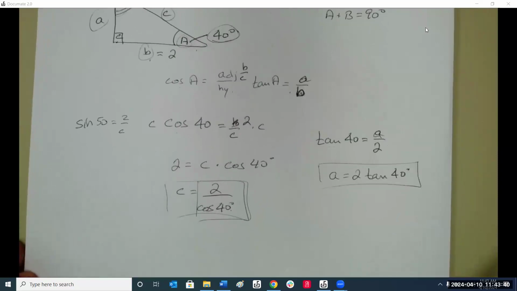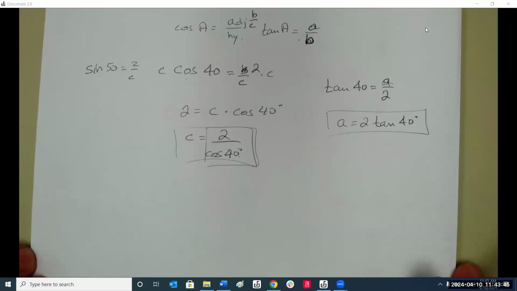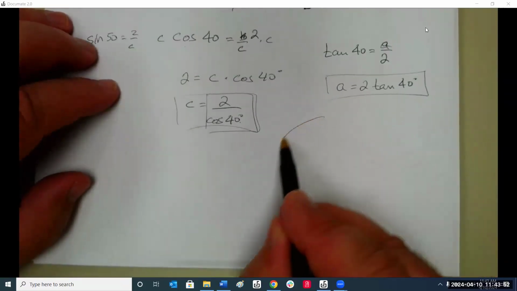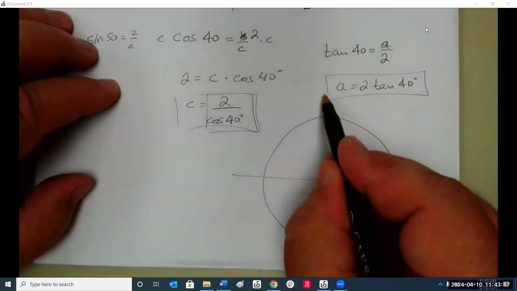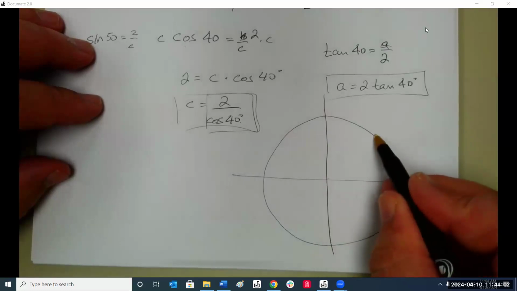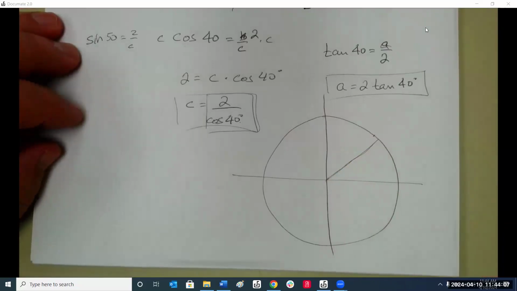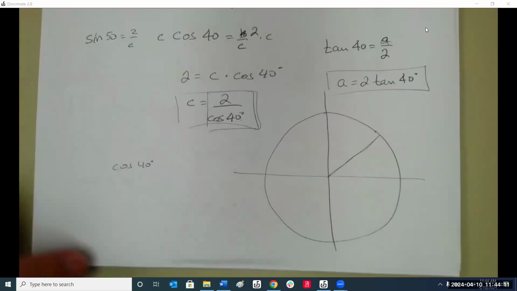What do you think cosine of 40 is anyway? How would you guesstimate cosine of 40? We have our unit circle. Halfway is 45, so 40 is, let's say, right about there. Cosine deals with which axis?